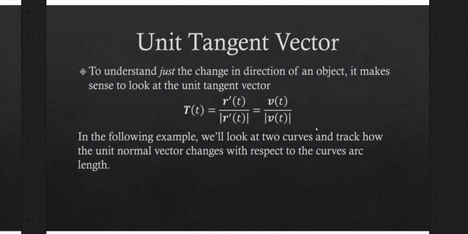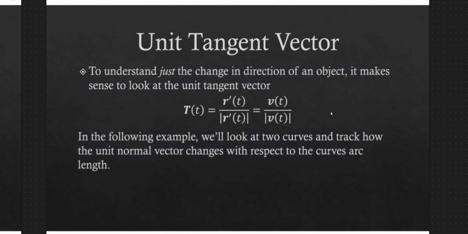We force it to be a unit tangent vector. Remember, the unit tangent vector just tells us the direction in which the object is moving along the curve, and not its speed at all. Remember, we do that by normalizing, by taking its velocity vector and dividing by the magnitude of the velocity, right? This forces it to have unit length.